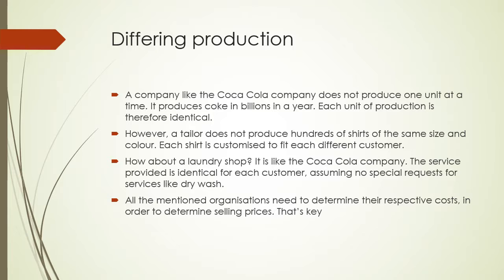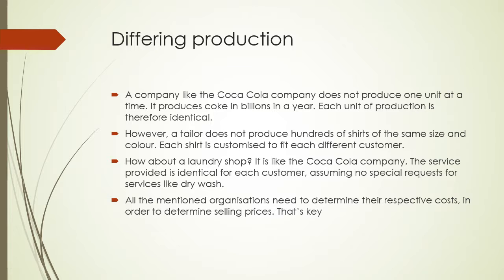And you have differing production, right? You have all kinds of businesses that produce goods and services, and some of these goods are heavily customized. Some of these goods are standardized. Take for instance a company like the Coca-Cola company. The Coca-Cola company doesn't produce one unit at a time.